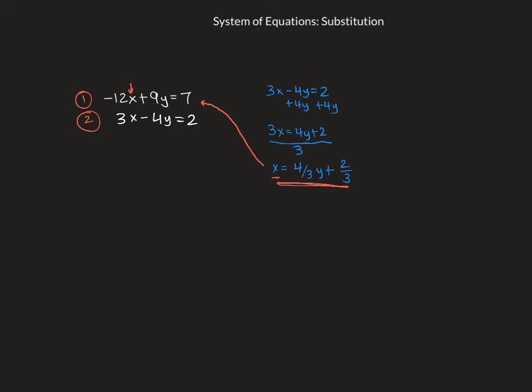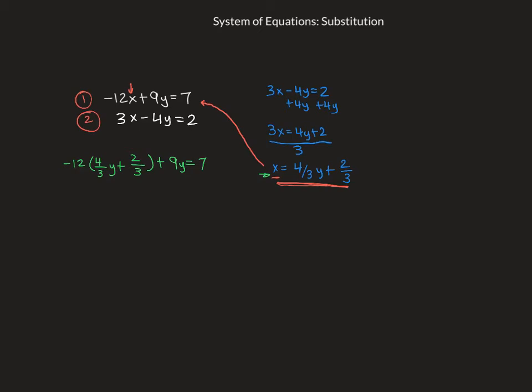Now let's go ahead and do that. So now let's move on to our first equation. So we have minus 12, and now we have to substitute for x, which we previously solved. So minus 12 times 4 by 3 y plus 2 by 3 plus 9y is equal to 7.